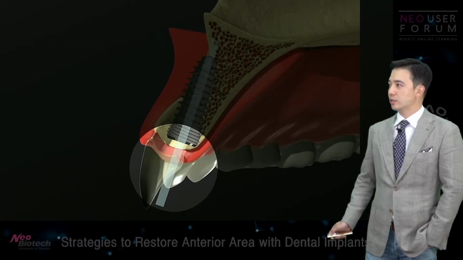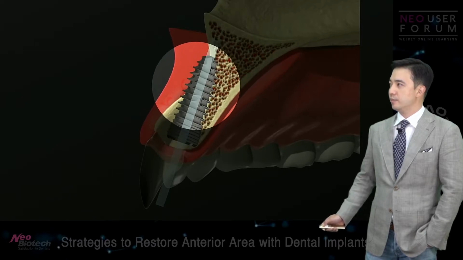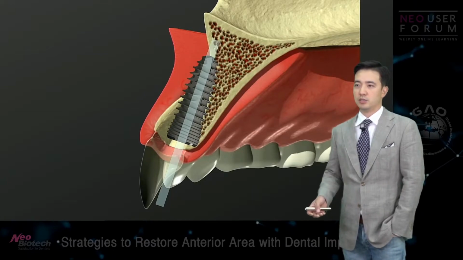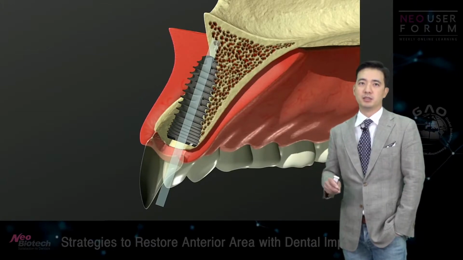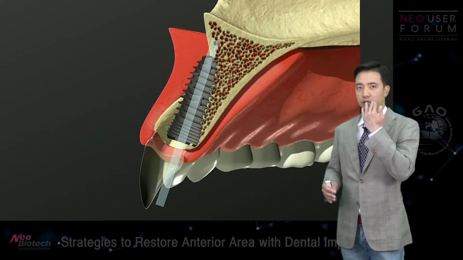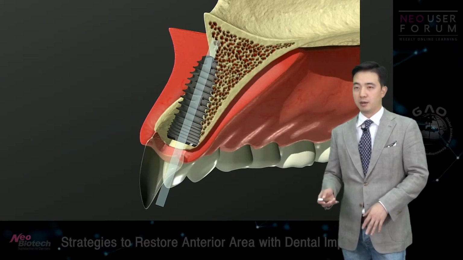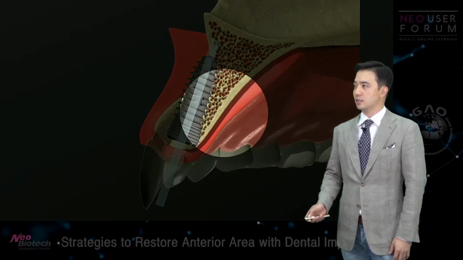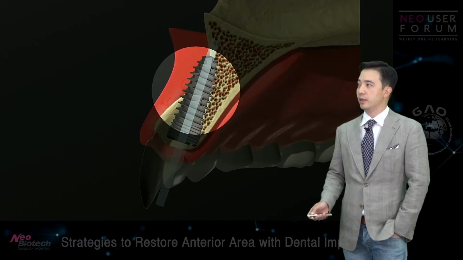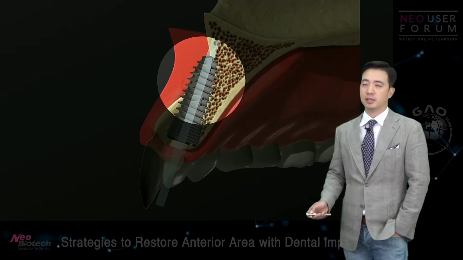So your implant has to go into the bone, but a lot of times when you want to place your implant in the maxillary anterior area, the bone angulation just doesn't allow the path of the implant to go in like this. So what you end up having is an exposed apical area of the implant like this.